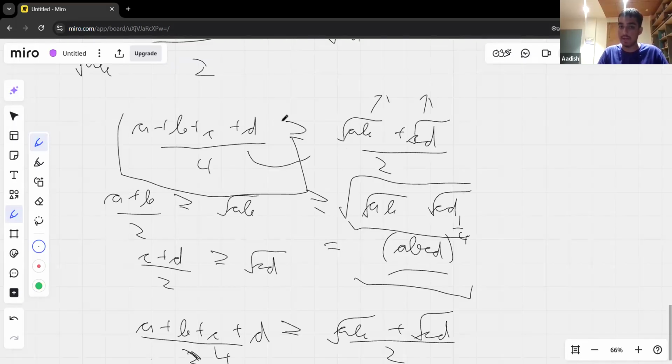If equality holds here, it has to hold in all the middle steps. For equality to hold in this step, a has to equal b because we used normal AM-GM here, and c has to equal d. And for equality to hold in this step, root ab has to equal root cd.